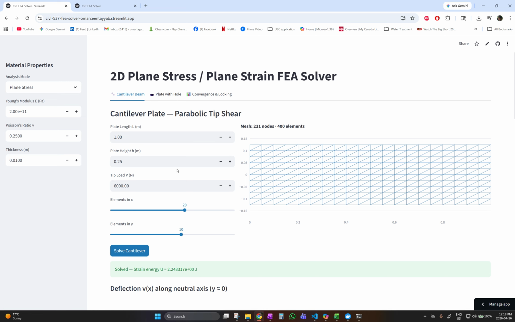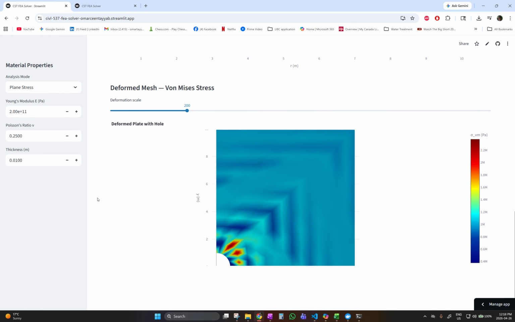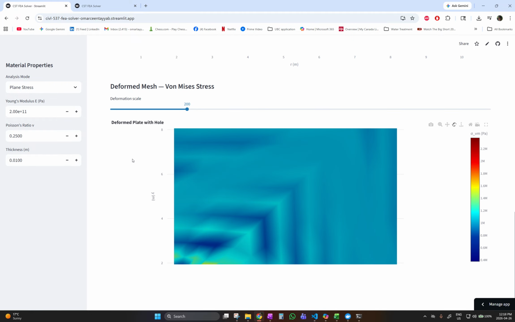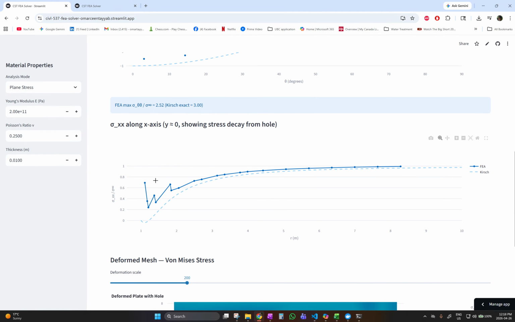I don't think I actually talked about this. So the traction free boundary condition over here, I'm going to reduce this so it runs fast. Sigma XX, yes. Initially there is no stress buildup, and the reason for that is there is no material.